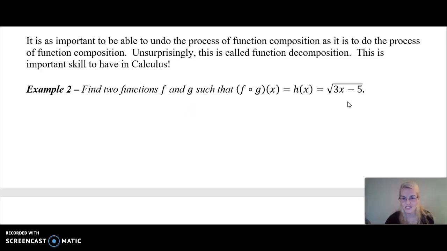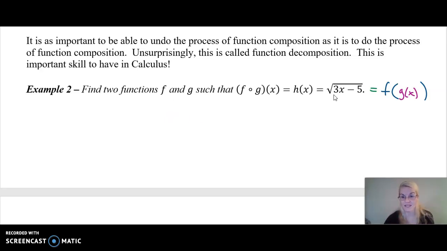It's being able to look at something like this and say, to me it looks like there's an inner function and an outer function. This looks like some outer function f that has an inner function g inside of it. So when you look at this, do you see an outer function and an inner function?